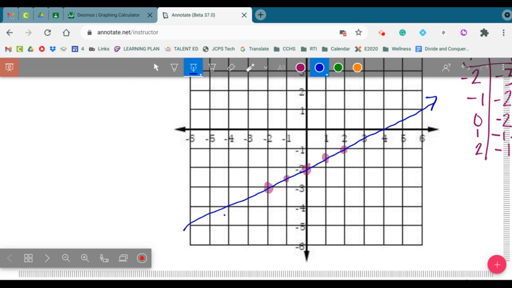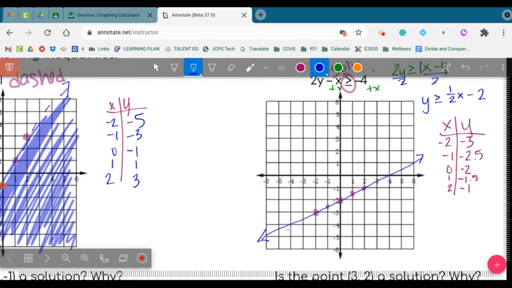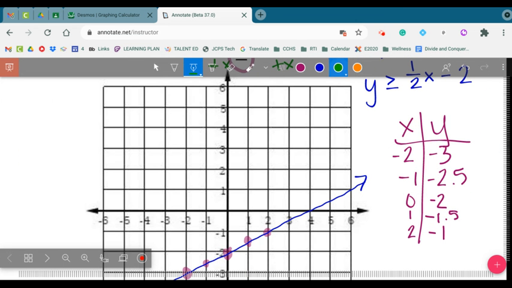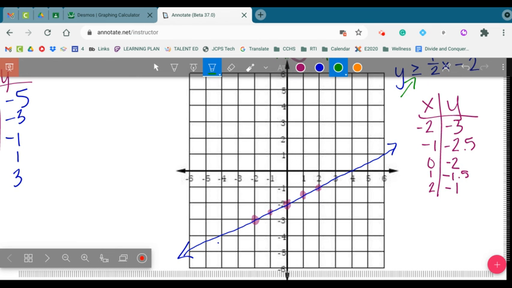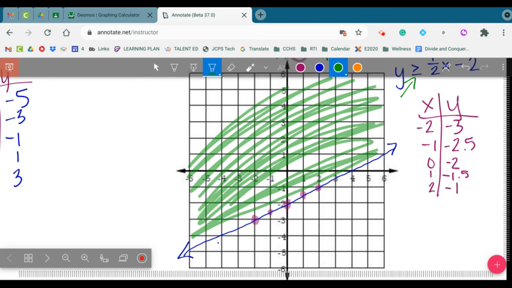Okay, so solid line, and then we have to figure out whether we shade below or above. For y, we have a greater than or equal to sign, so we're going to shade above because it's all the greater than numbers. So get close to your line, and then it's everything above in the graph.